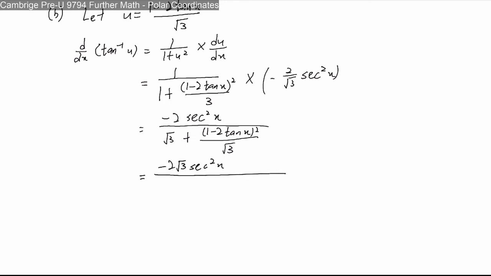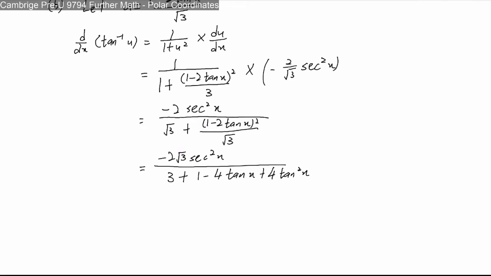In the denominator we will have 3 plus the expansion of 1 minus 2 tangent x squared. This is what we get after we expand. And for the secant squared, we can always write that as 1 plus tangent squared.